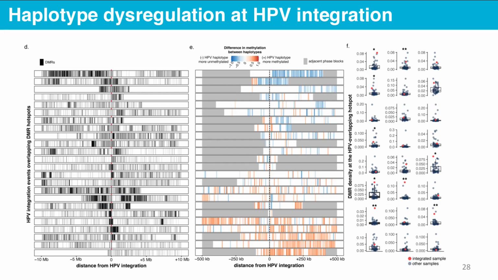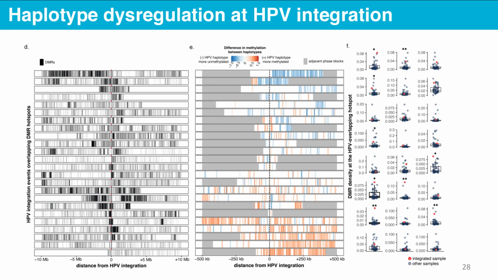But the actual phase block that HPV is on is shown with the methylation result of each DMR. Some of the events have more demethylation occurring, but a large portion of them are more methylated. This is quite interesting, because you can have an argument for both.